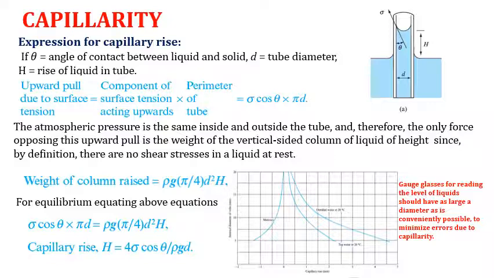So for the mercury, if we increase the internal diameter from 5 to 20 millimeter, its value reduces from minus 0.13 to minus 1.3, to almost the capillary fall diminishes to 0. So it is very conveniently possible that we can minimize the errors due to capillarity by simply increasing the diameter of the tube, and 20 millimeter is not such a large diameter.